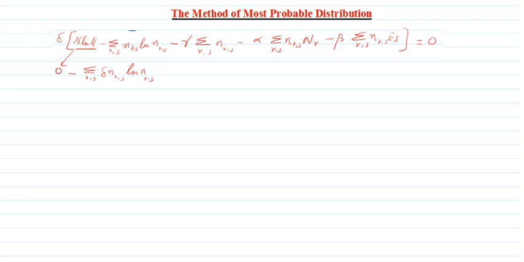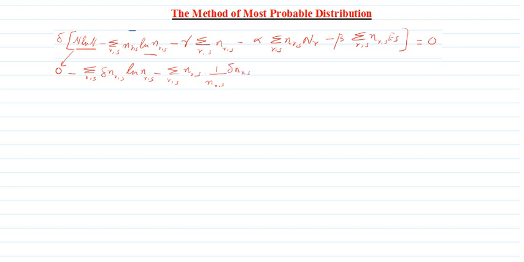Then minus, so instead of plus a minus is there from the common thing, sum over rs, then the differential of log nrs we have to write. So first I am multiplying with nrs, the first term is nrs, u into dv. So for log nrs, what is the differential? That is 1 by nrs. Then I have to take the function of function rule, that is the differential of nrs.